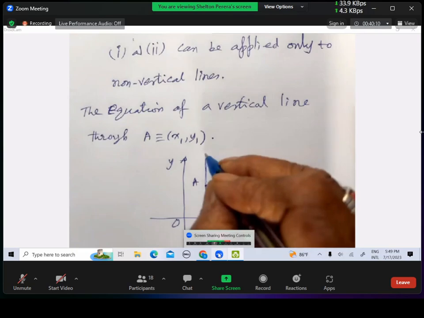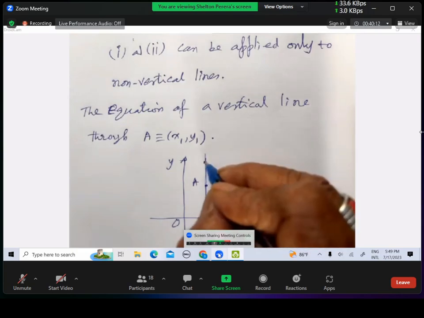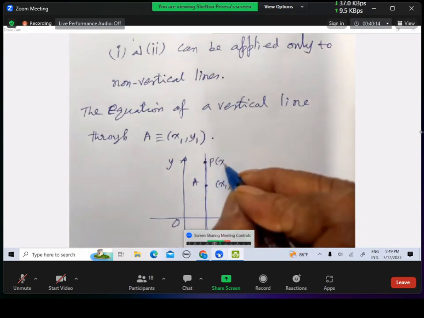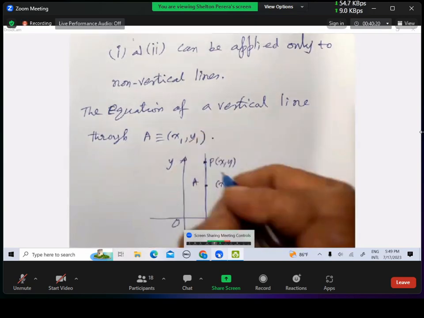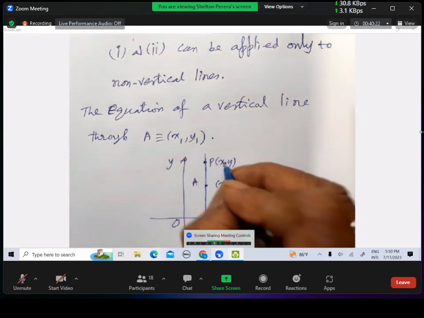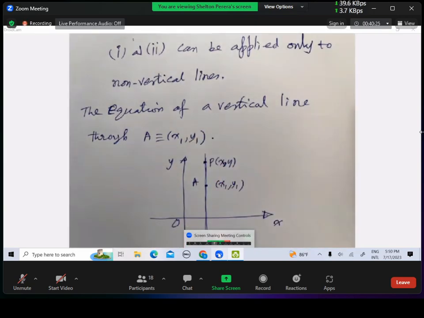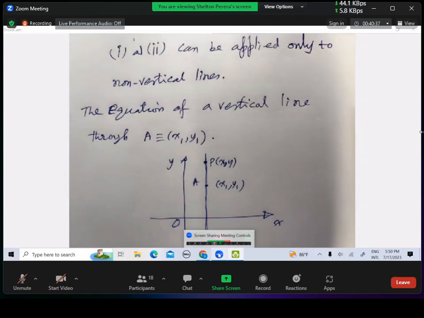We have to take any point P on that. Now we cannot use slope. Take any point P, with coordinates x comma y. For any point P on this line, the equation is x equals x1.